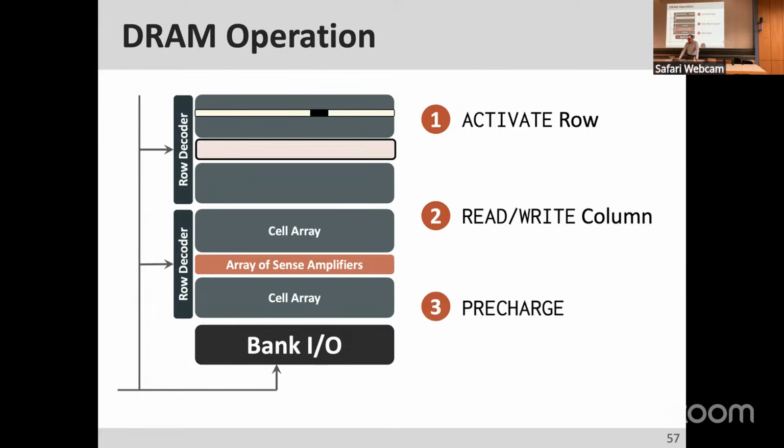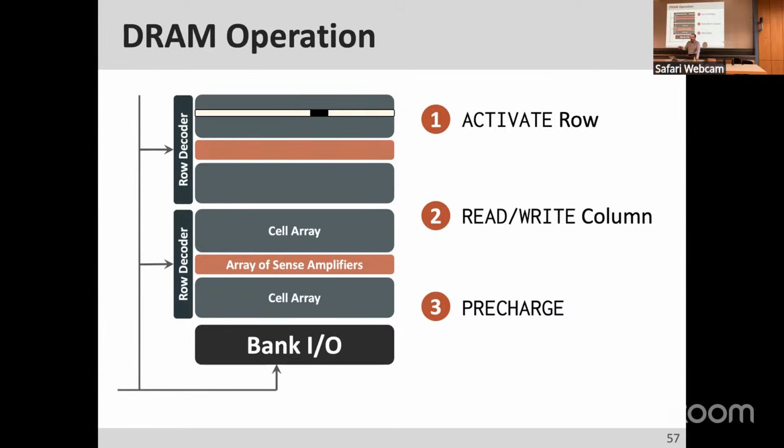And then if you're done with that data, if you want to open another row, for example, you precharge the array. The memory controller sends a precharge command to that bank of the DRAM chip, because precharge happens at bank granularity. When the DRAM chip receives a precharge command for that bank, there's some precharge circuitry, which we also didn't show completely.